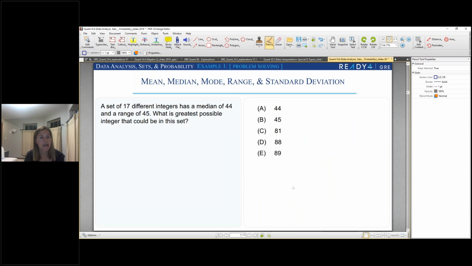Okay, so here's kind of an interesting problem. A set of 17 different integers has a median of 44 and a range of 45. What is the greatest possible integer that could be in this set?